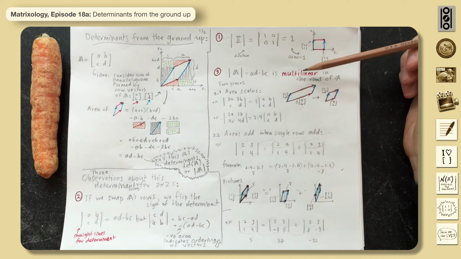And then multilinearity, in the rows of A. So linearity you know about. Multilinear means that the determinant is linear row by row. So from an area point of view, this should make sense.